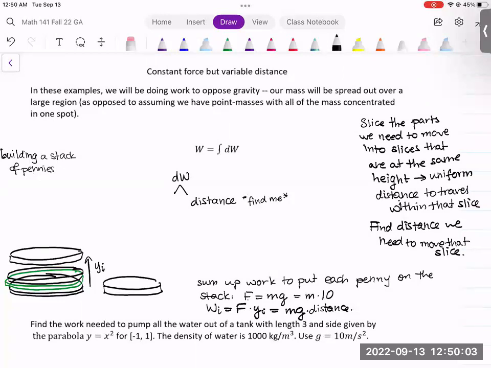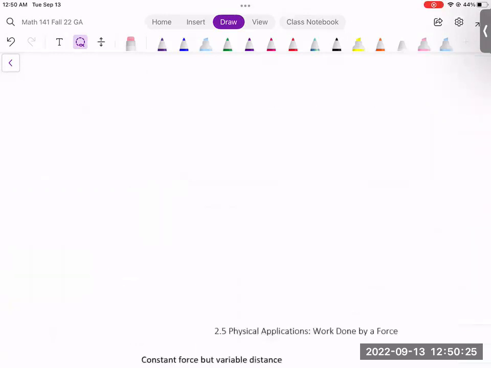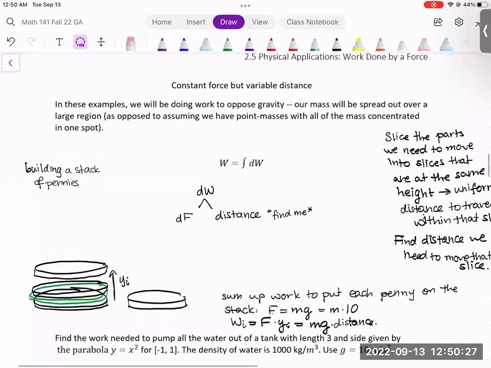If we think about moving a penny, the force that we need to apply to move it is pretty small because pennies don't weigh very much. And so I'm going to write this as dF. The thing that's making work small is that we just have a little force that we need.